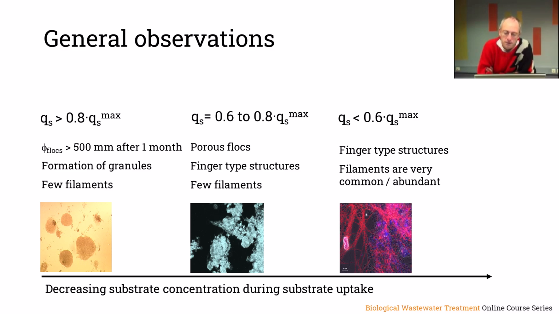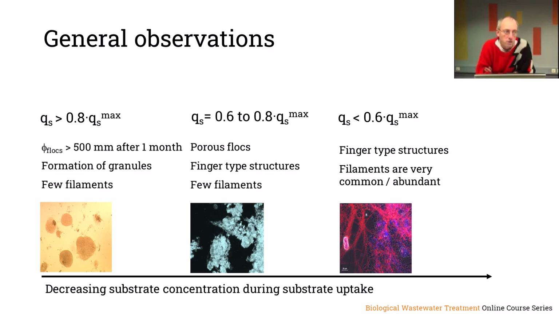If we go to somewhere between 60 and 80% of the maximum uptake rate, so we dose the substrate at a rate that the bacteria can take it up at 60 to 80% of the rate they can maximally achieve, then we see the regular activated sludge flocs, porous, open structures, again a few filaments, some finger-type structures.